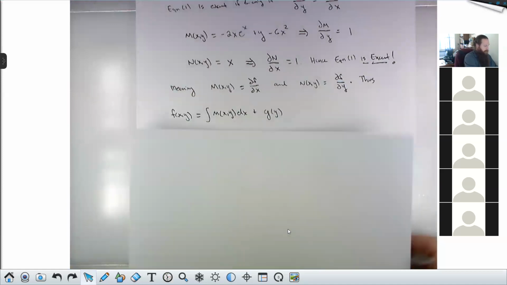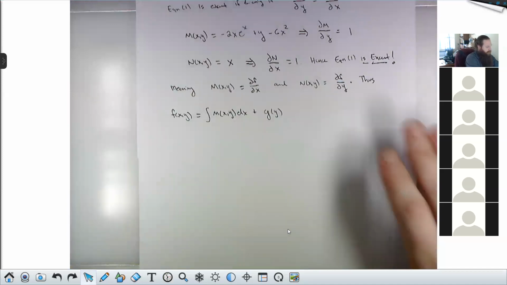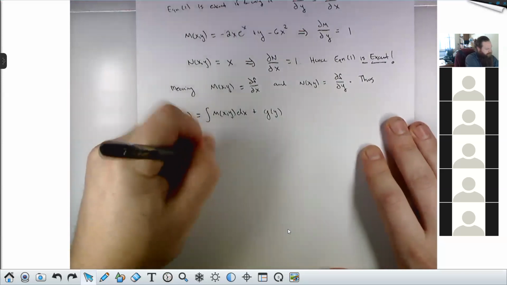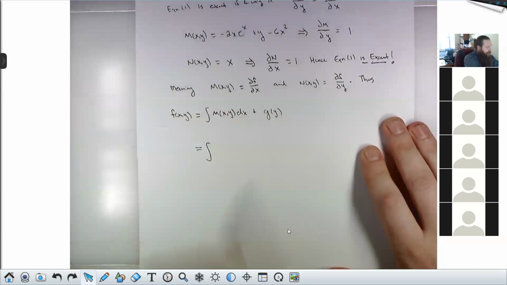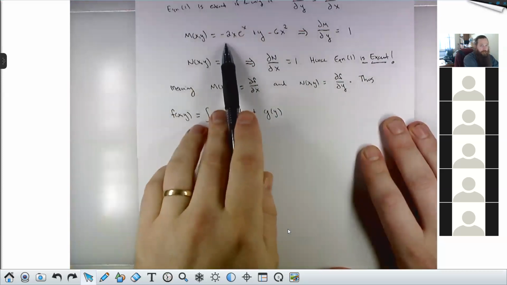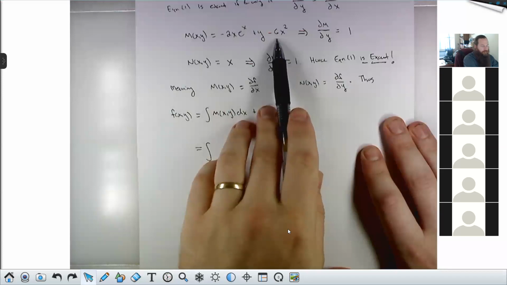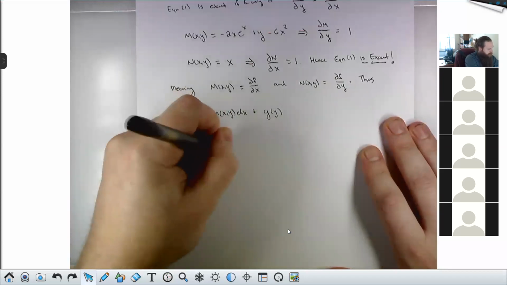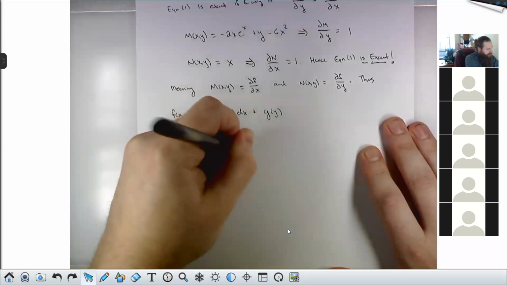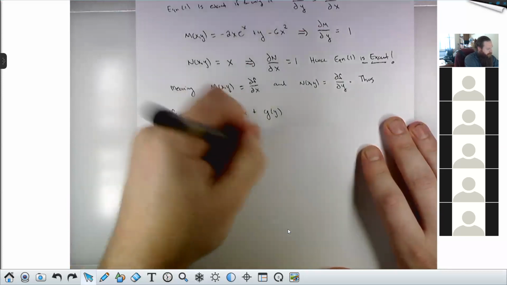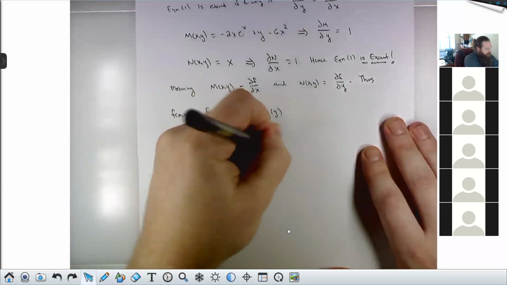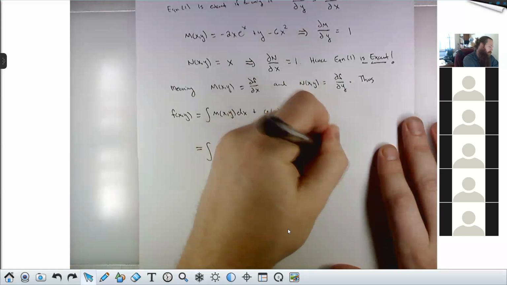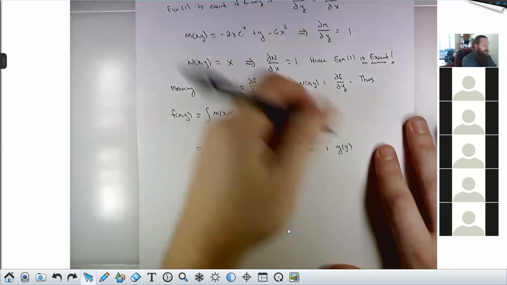All right. So I'm going to integrate m dx. That's the integral of negative 2x e to the x plus y minus 6x squared dx plus our g of y.